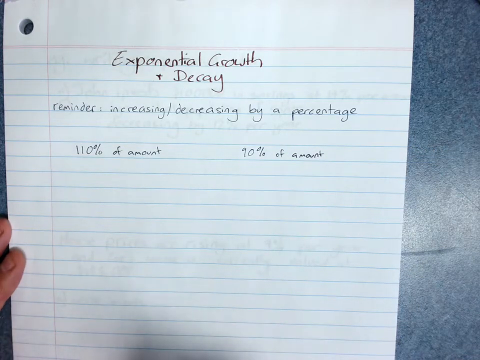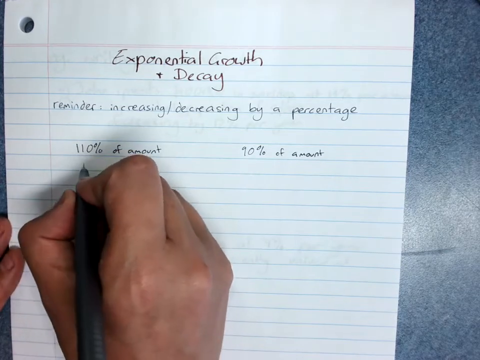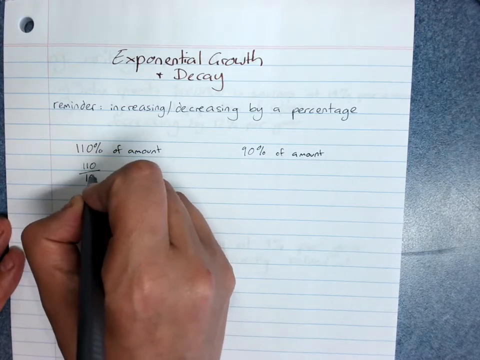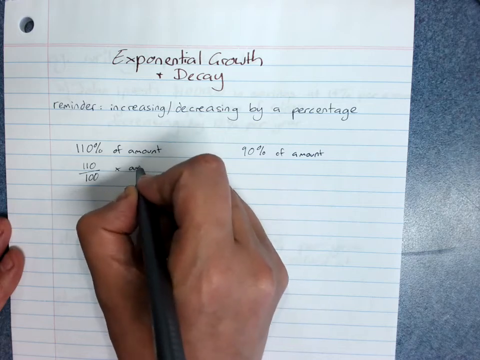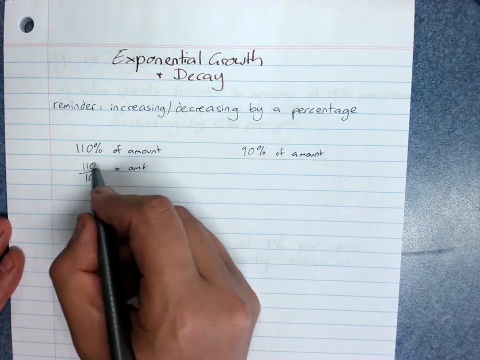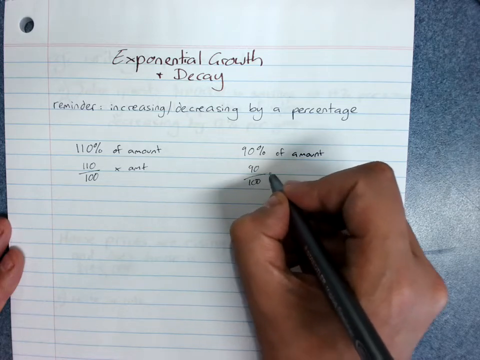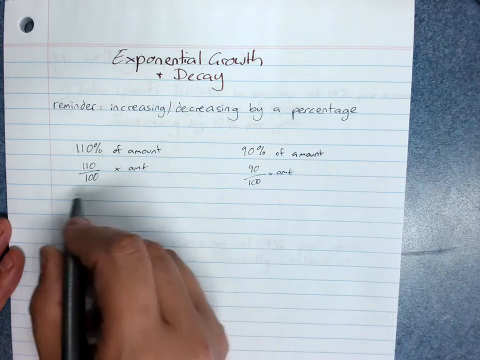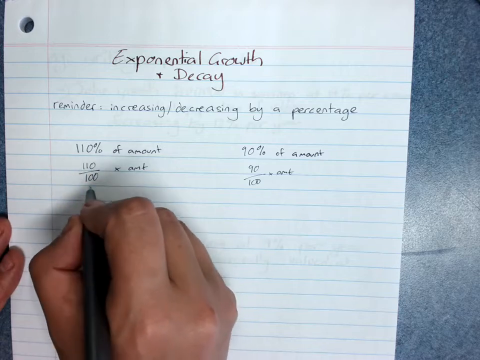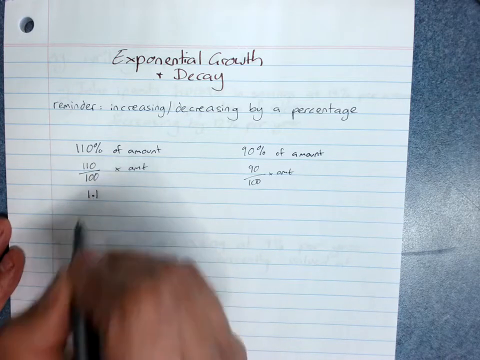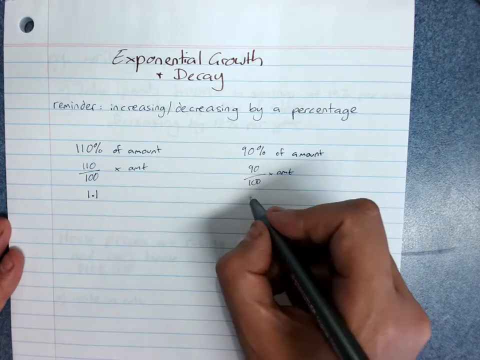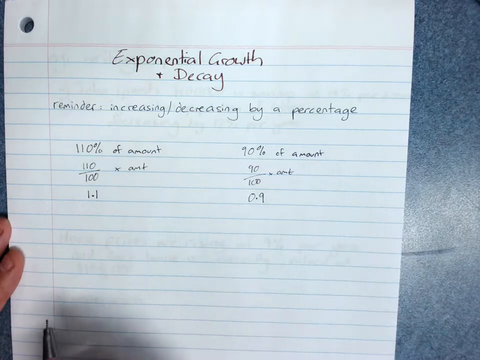And you'll remember that if I'm finding a percentage of an amount, I do the percentage divided by 100 times the amount. So this would be 110 over 100 times the amount, and this would be 90 over 100 times the amount. And if I evaluate that, 110 divided by 100 is 1.1. 90 divided by 100 is 0.9.